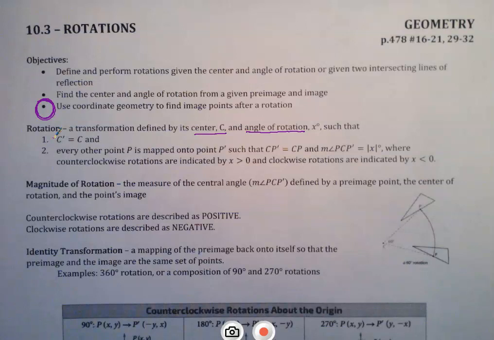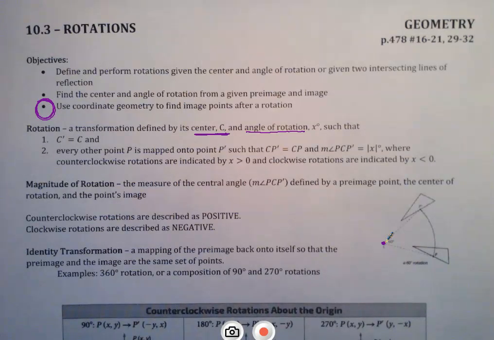It's saying the center of our image, C prime, is the same as the center of our pre-image, right? So if we look here, this is the center of either one of them. It's the same center. Okay, so they have the same center.